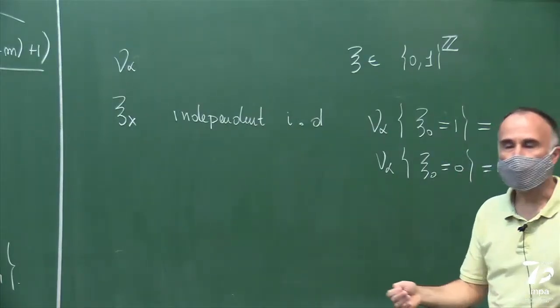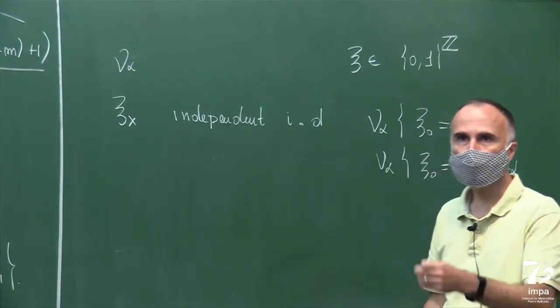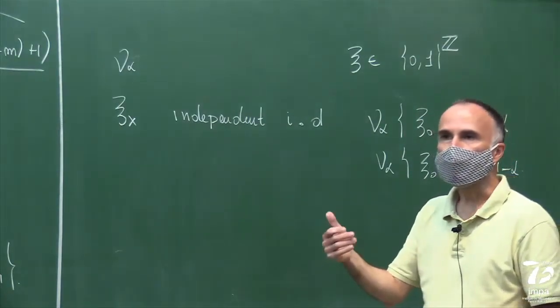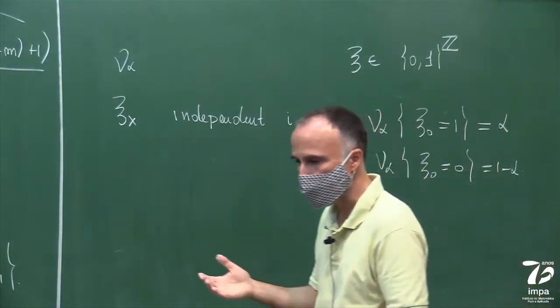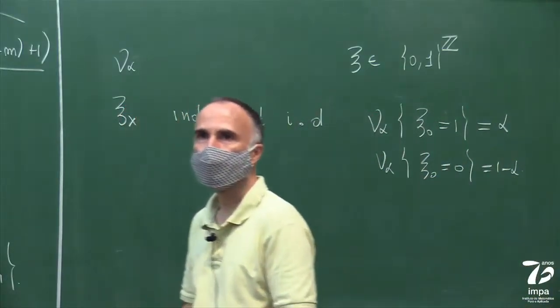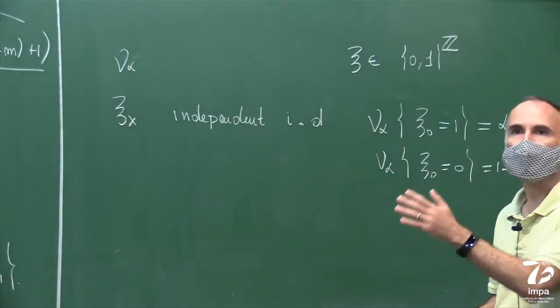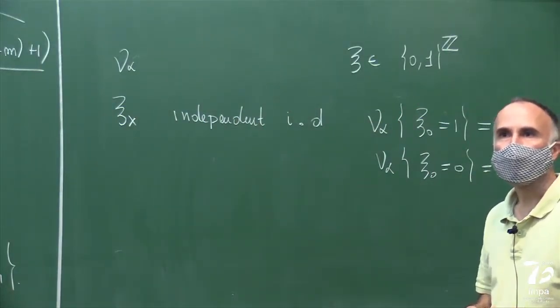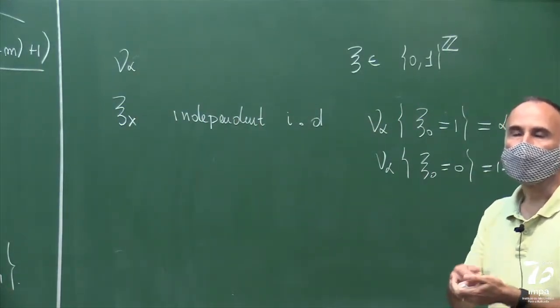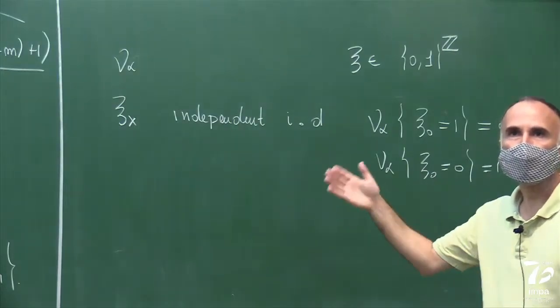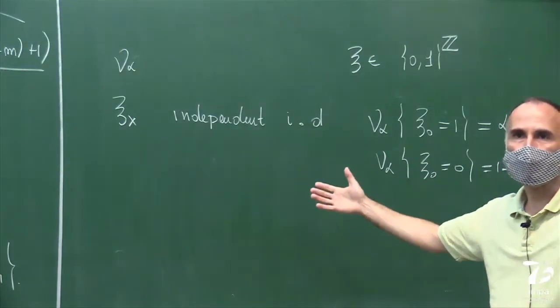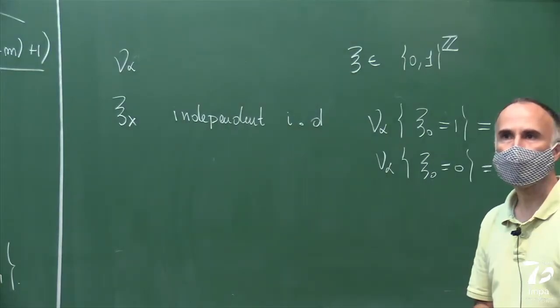So it's like that. You take a coin, and independently, this coin has probability alpha to give you a head. If you get a head, you just put a particle, and if not, you leave it empty, and you do that at each site, and in this way, you construct this infinite sequence.